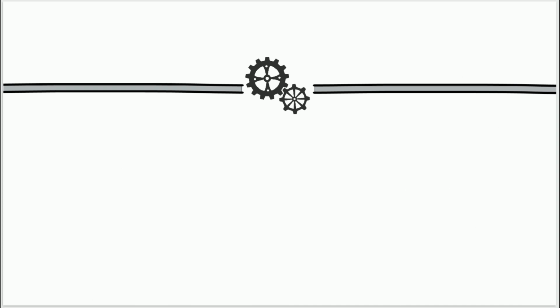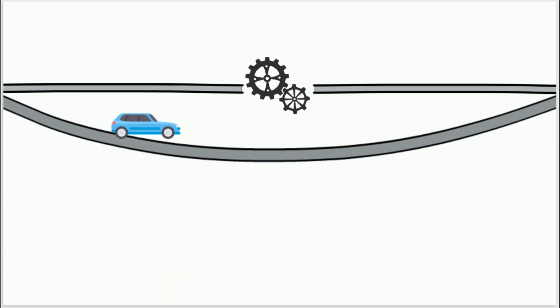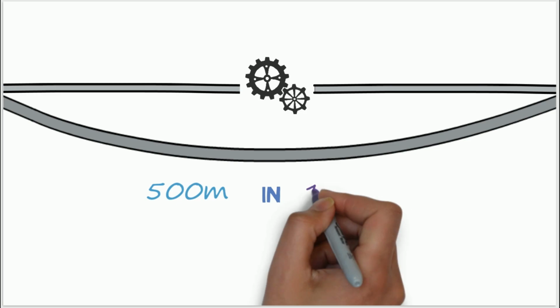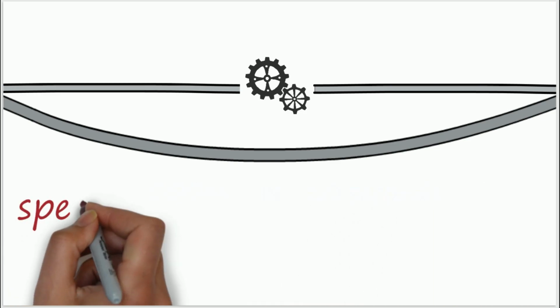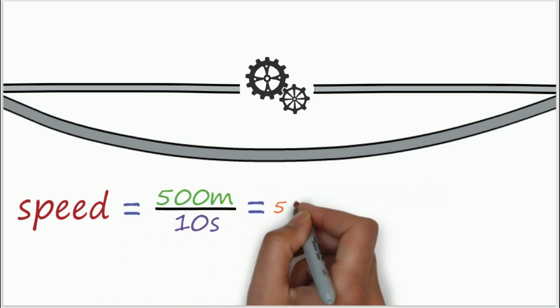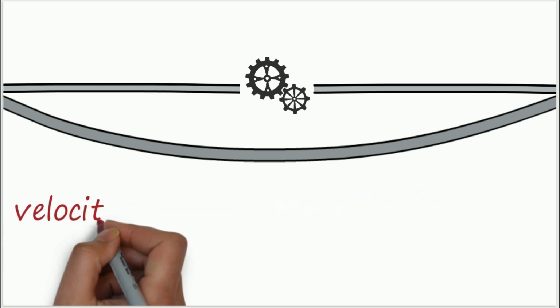But if there is a change in direction, then how to find the answer? So let's say the car had taken a different path as there was some construction going on. So now the car had traveled 500 meters in 10 seconds instead of 300 meters in 6 seconds. So now if we calculate the speed at which the car was traveling, we still get 50 meters per second.